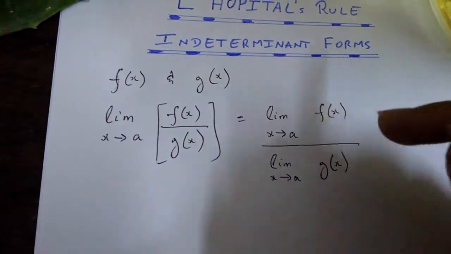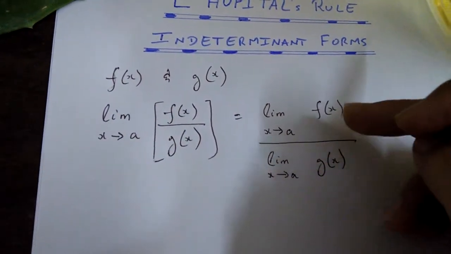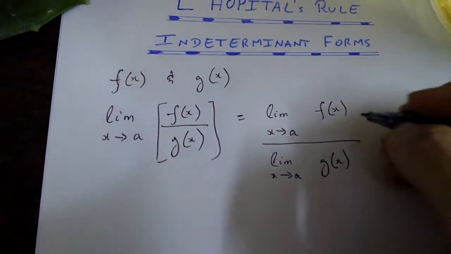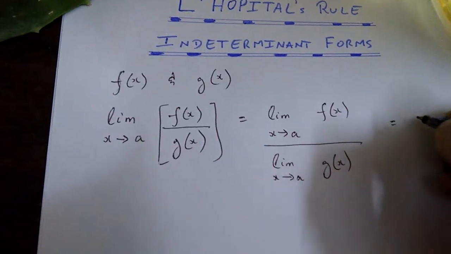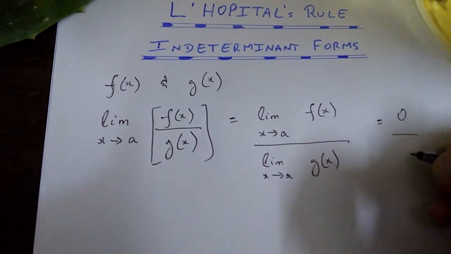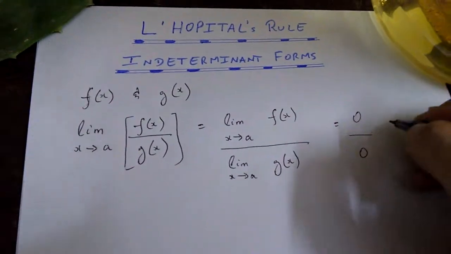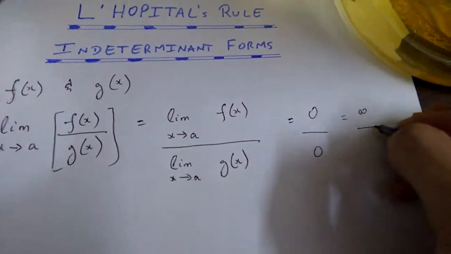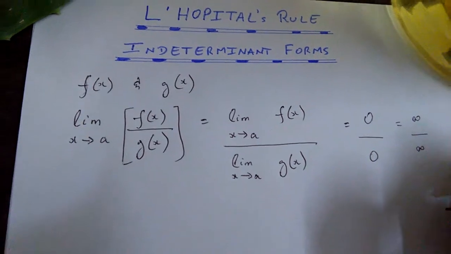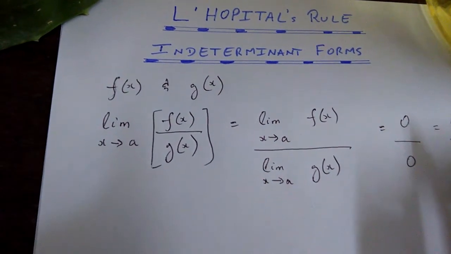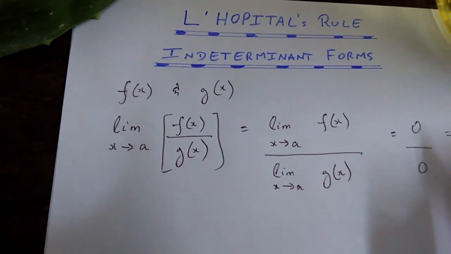After applying the limit value on these two function expressions, if we have value 0 in the numerator as well as in the denominator, or we could have value infinity upon infinity after applying the limit, or sometimes some other indeterminate forms.